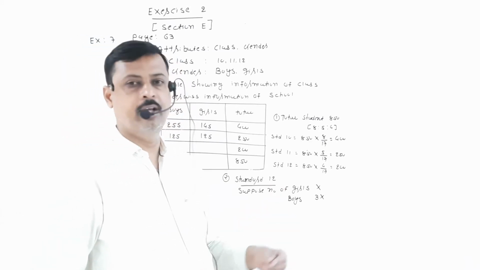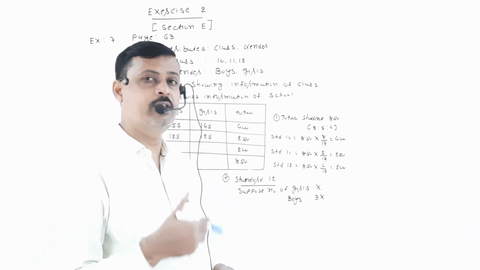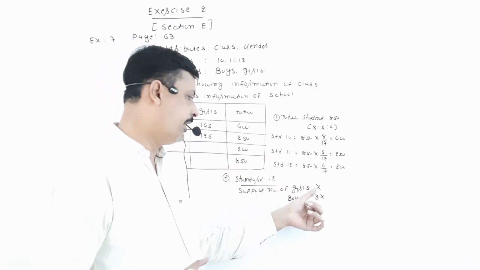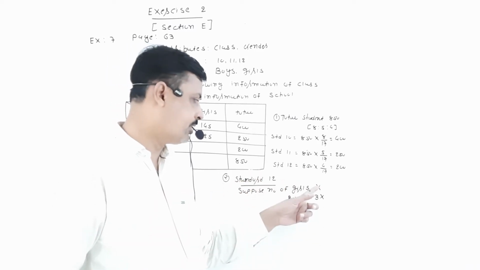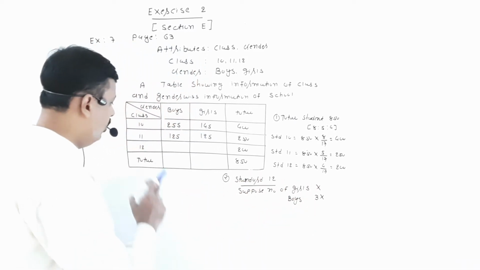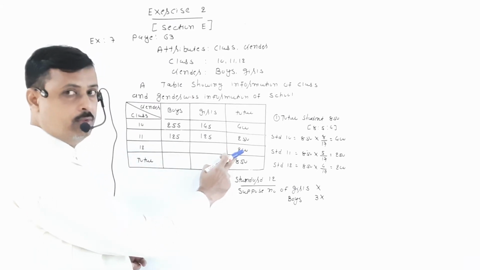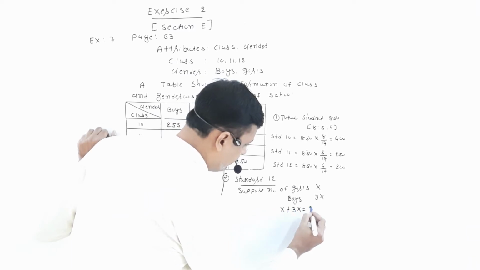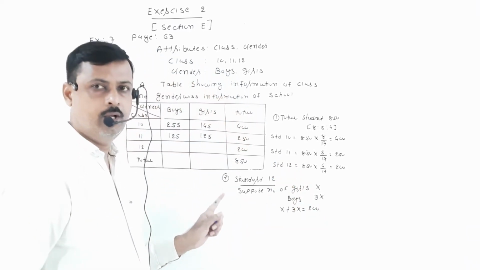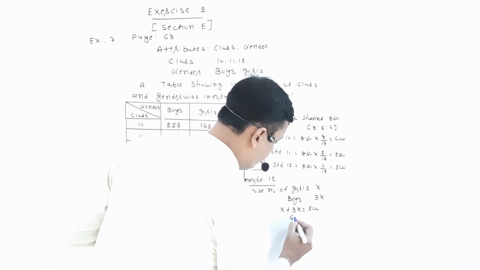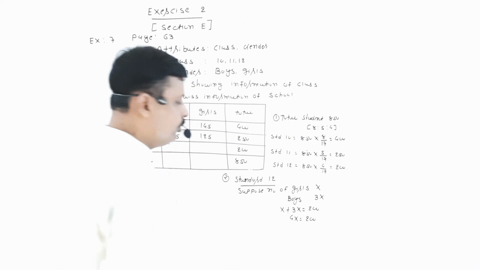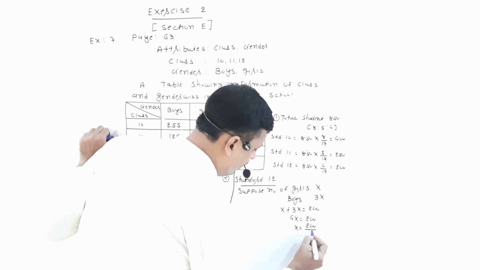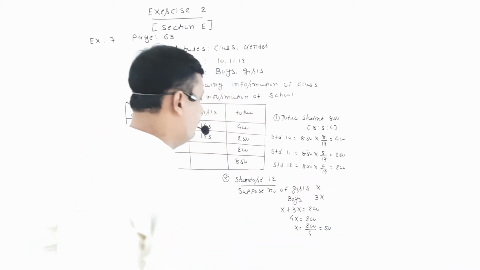So in standard 12, boys are 3 times the girls. So suppose number of girls is x and boys are 3 times, so 3 times x is 3x. Total students in 12, 200. So x plus 3x is equal to 200. Now x plus 3x becomes 4x. So 4x is equal to 200. So x is equal to 200 upon 4, 50.